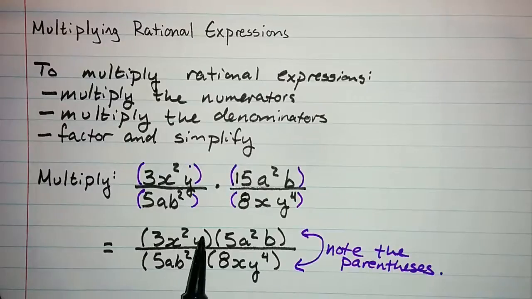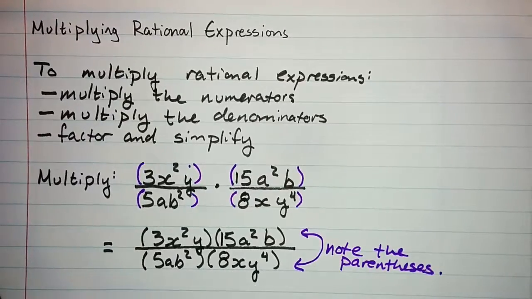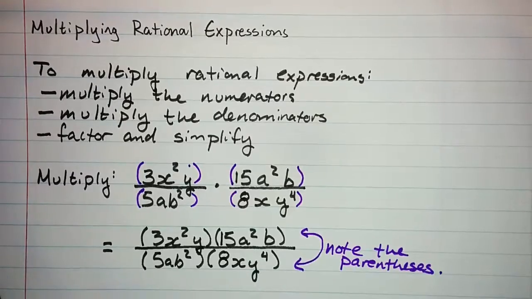So whenever we've written the expression that shows that we've multiplied our numerators together, we must include parentheses. In this example, since the only operation in the numerator is multiplication, the only operation in the denominator is multiplication, these parentheses aren't serving any purpose, so we can drop them.